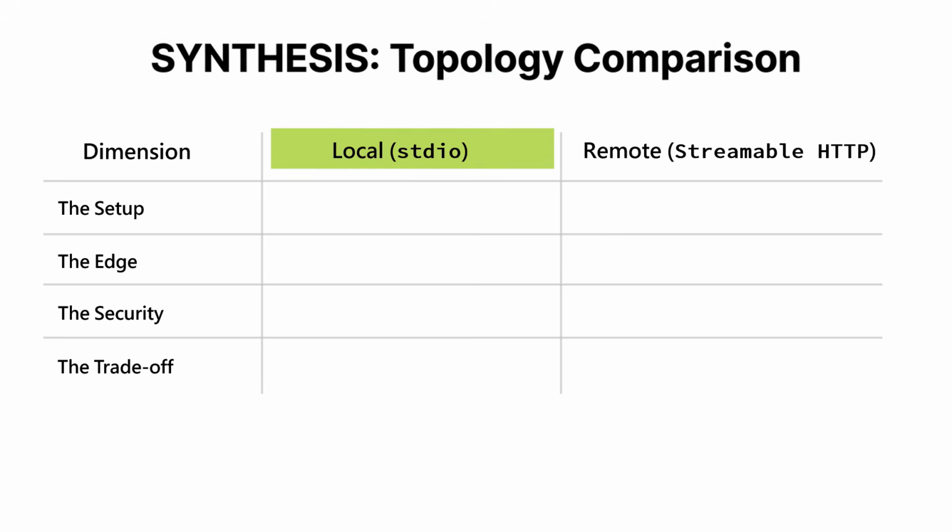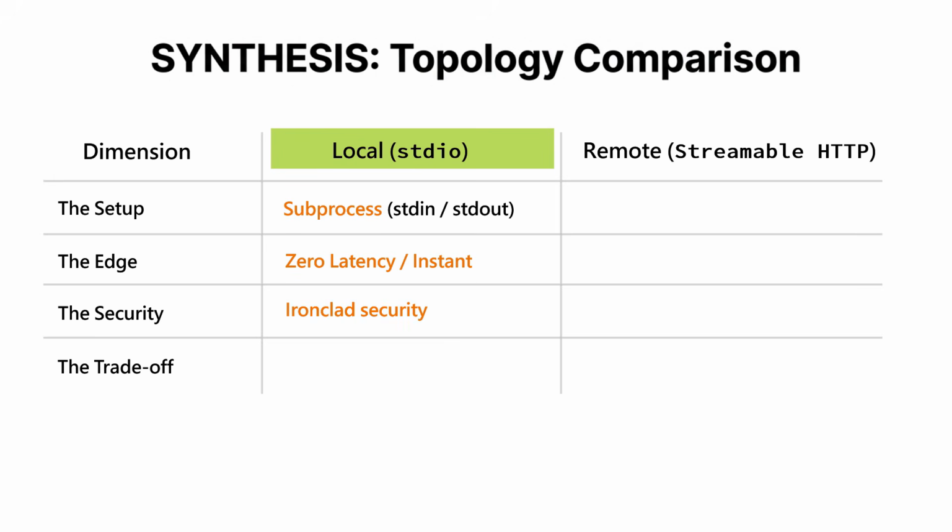First one is the local topology, the speedster. If you need blazing fast performance and absolute privacy, local is your best friend. For the setup, the client and the server live on the same machine, talking through a direct pipe called STDIO. You get zero network overhead because there is no internet lag to worry about. It's virtually instantaneous.